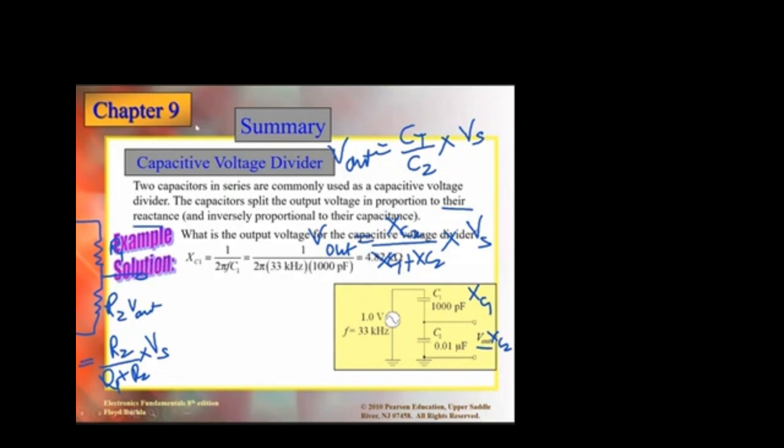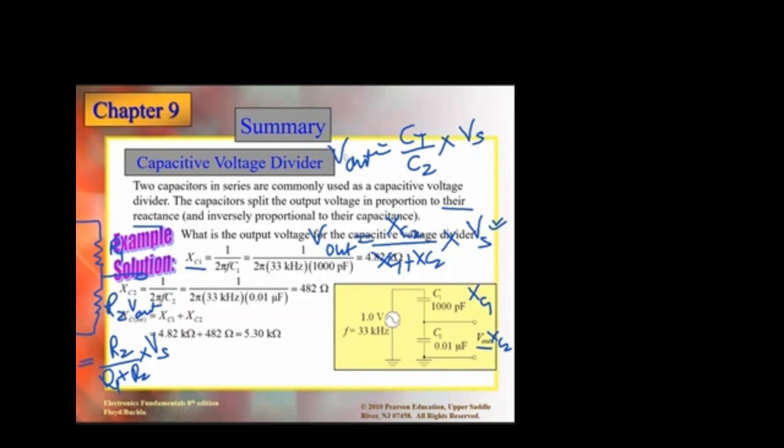So first of all, we need to know XC1, the reactances, if we want to apply this formula. Okay, I'm using red color now. So get XC1 first. Similarly, you need to get XC2. After getting XC1 and XC2, we can apply the formula. We get XC total first, which is 5.30.